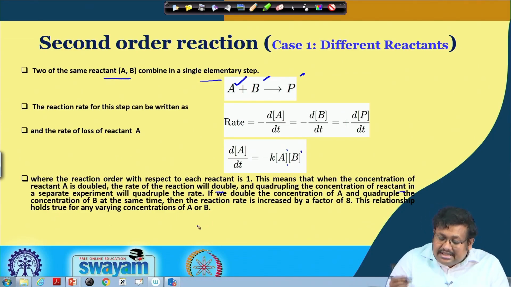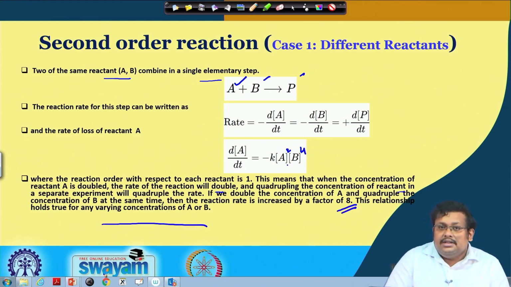So, if we double the concentration of A and quadruple the concentration of B at the same time, then the reaction rate is increased by a factor of 8. This relationship holds true for any varying concentration of A and B. So, this is how we can calculate the rate constant for a second order reaction.